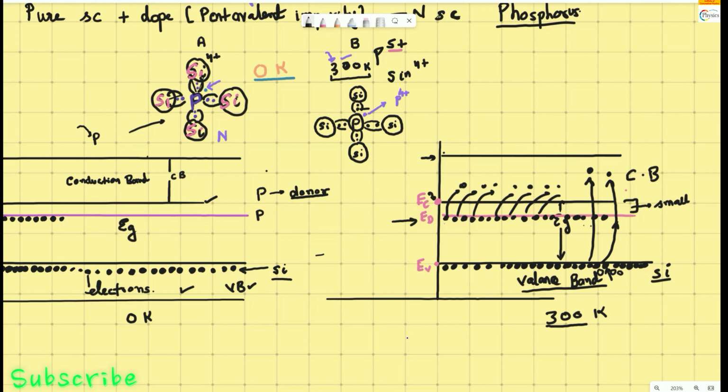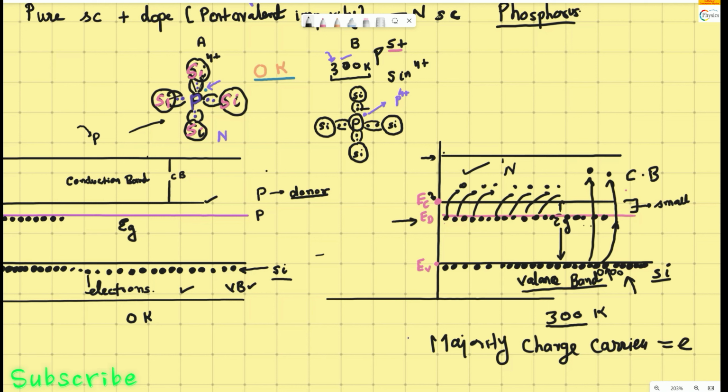So if you notice in an N-type semiconductor, what's happening? In the conduction band, you have flooding of electrons. You have N-type carriers, which is electron, negative. And you have some amount of holes also. So in an N-type semiconductor, it is very true that the majority charge carriers, that is when the current flows, are definitely electrons.